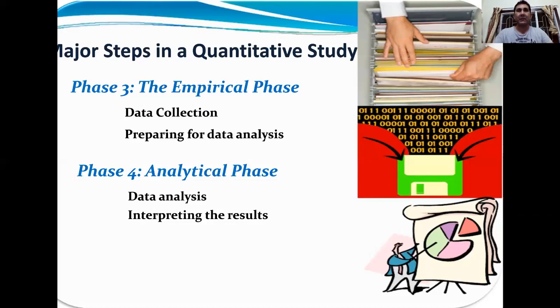After analyzing the data, your data will come up in the form of results, and you will interpret the results as well. If your study is descriptive, you can easily interpret the data in proportions and percentages.